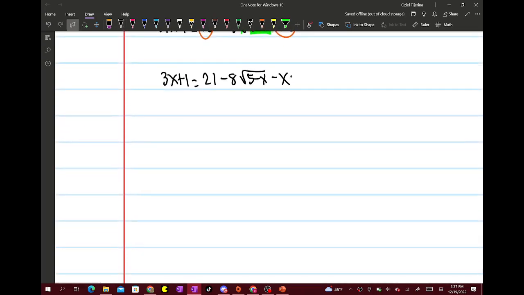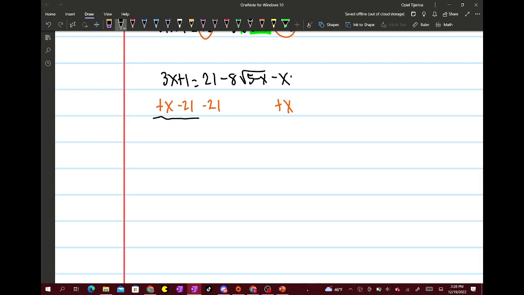So then we're going to subtract 21 and add x to get that square root by itself, right? Because we really want this by itself, right? So then we're going to go ahead and do that. So we're going to say plus x on both sides, and then minus 21, right?